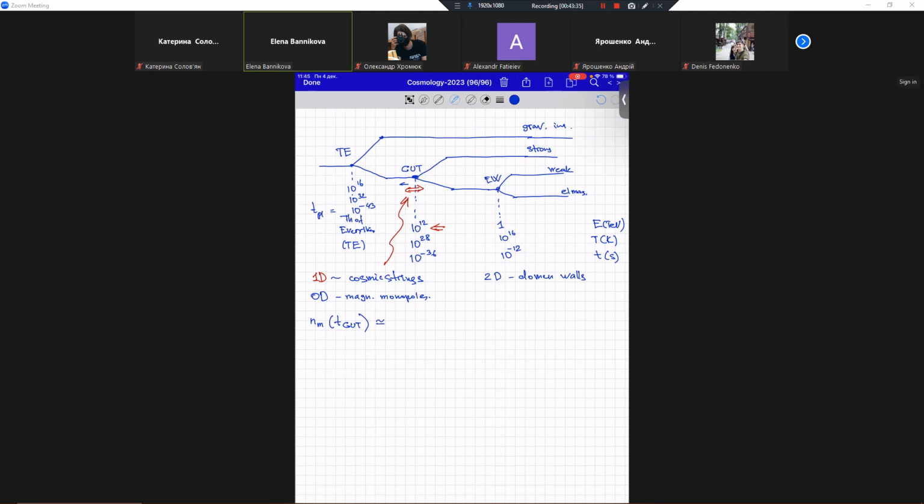In principle, we can estimate very loosely the number of particles in a volume which has the scale c times t in one direction and the same in the other directions, so in the cube. Here c is the speed of light.